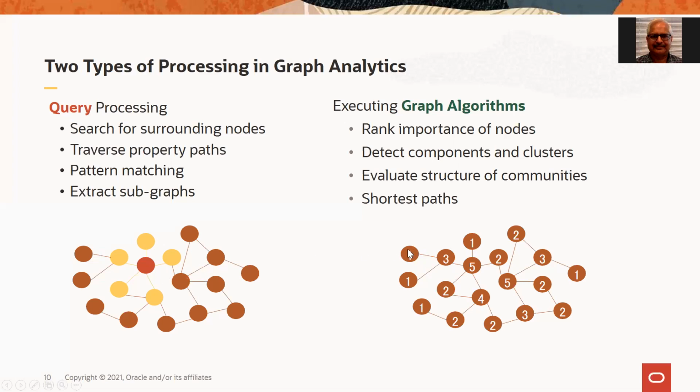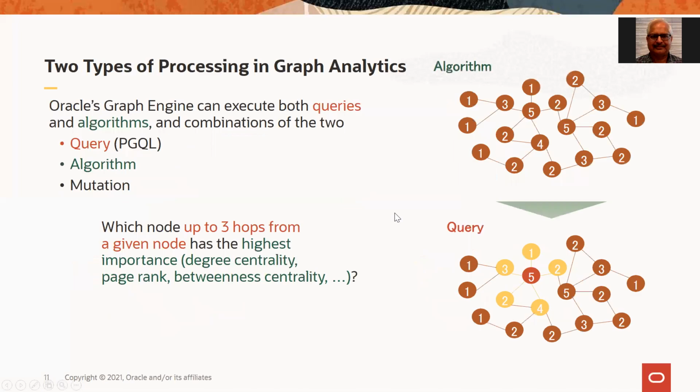The other class of application is running graph algorithms. So essentially executing algorithms from graph theory, which allow you to determine the importance of a vertex or of vertices in general, finding a metric that reflects the importance of a vertex, or which detects communities, clusters, which generally evaluates the structure of a graph or figures out shortest paths between two given vertices.